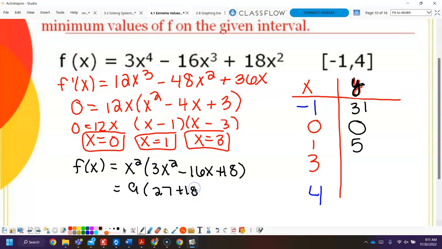Plus 18 minus 48. So 18 and 48 is going to be a nice -30. 27 minus 30 is -3. 9 times -3 is -27.